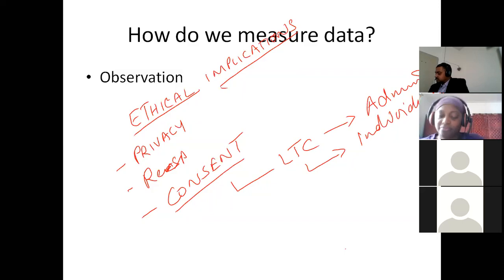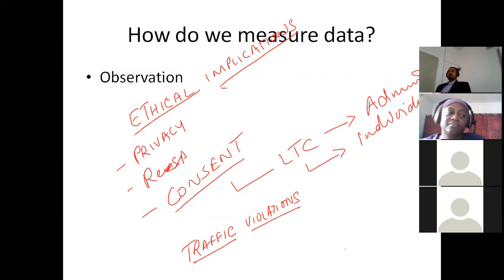So, what about a situation where you would be taking down data on traffic violations? You wouldn't know the people, and they would just be data. So you wouldn't need to get their approval because you couldn't stop everyone and say, yes, traffic violations, you don't need ethical approval.